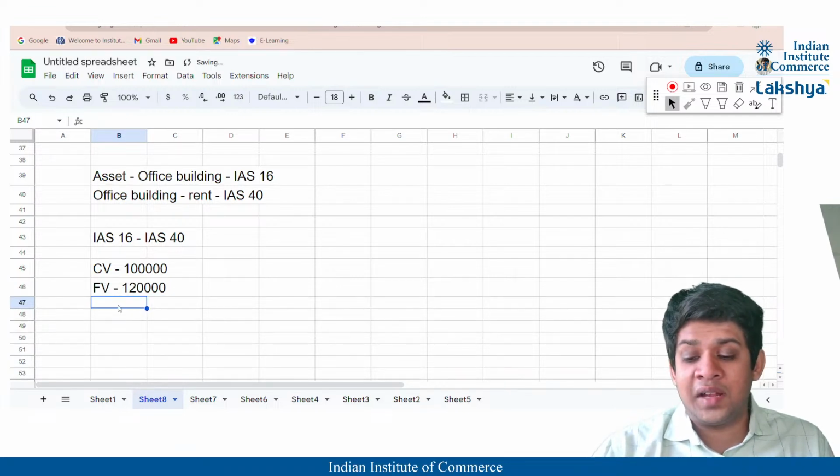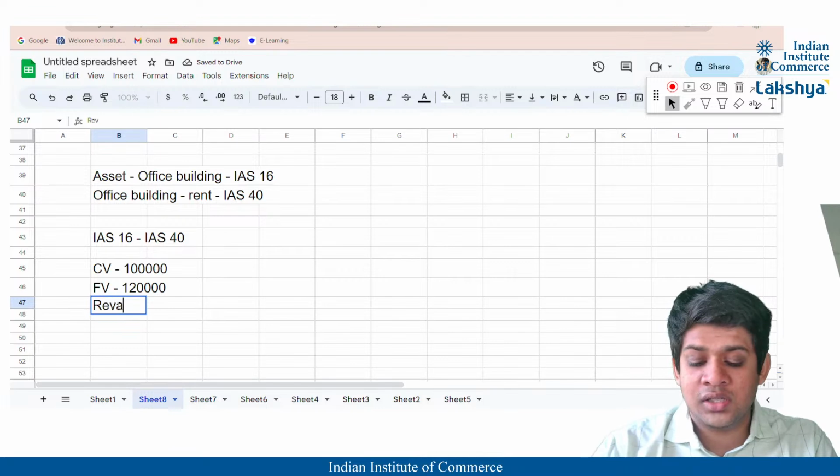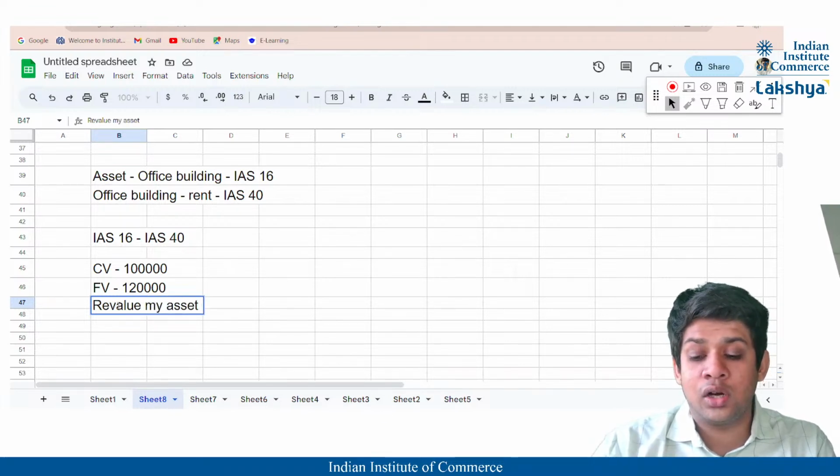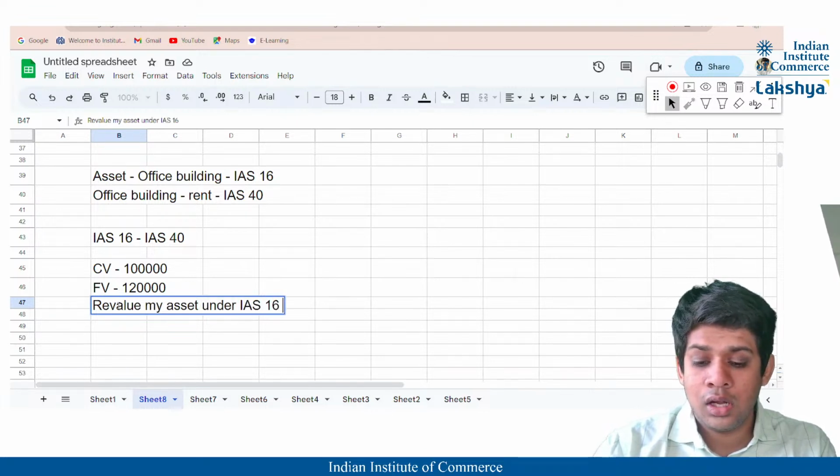So that means there is a fair value increment, a revaluation surplus here. I revalue my asset under IAS 16.